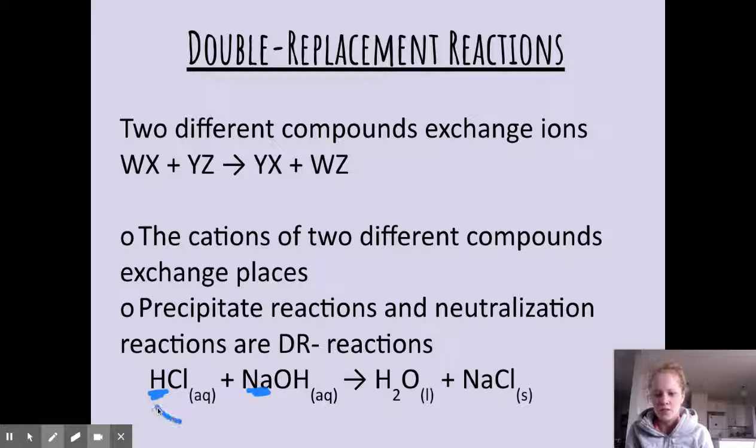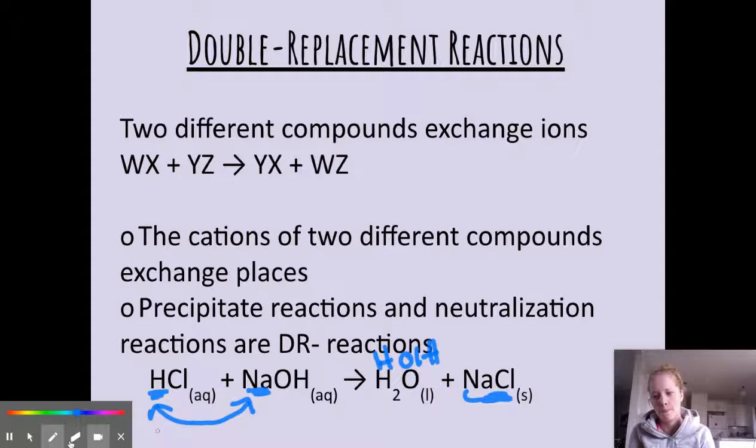And these guys are going to switch places. And when they switch, you will notice, well, now sodium is actually with chlorine. Ta-da! And because they switched, hydrogen is now with hydroxide, which is water, aka HOH. That is one of the other reasons we write it in this format.